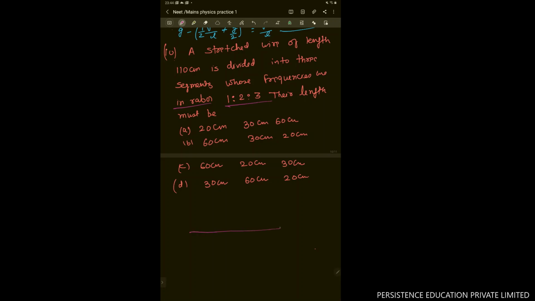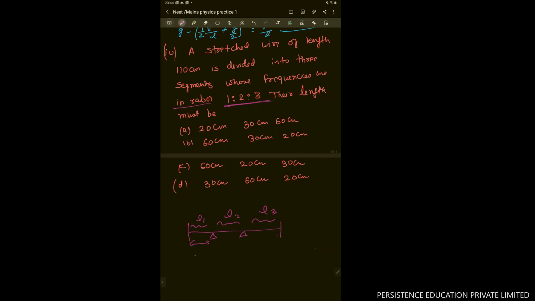So let's take the example. So the frequency ratios are given. So this is L1, this is L2 and L3. So how you are dividing this length for this particular frequency ratio? So this is an example of the string with both ends fixed.